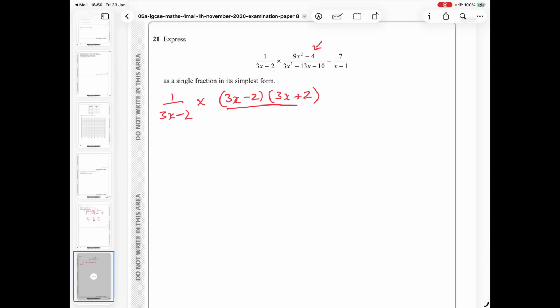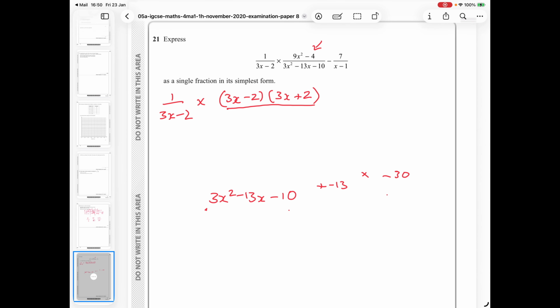And then on the bottom, we've got 3x squared minus 13x minus 10. To find out what the answer is to that, I'm going to do the a times c, so that's minus 30. It's got to times to minus 30 and add to minus 13.